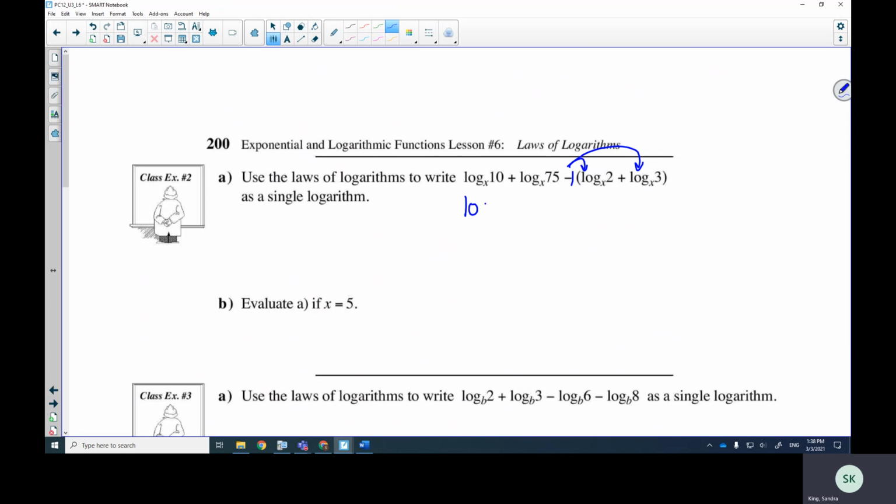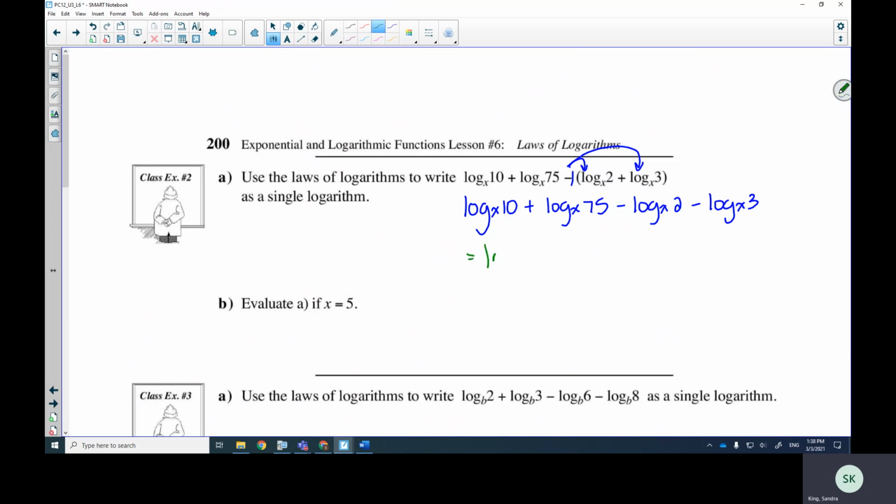So what we have, write the entire thing. Log base x of 10 plus log base x of 75 minus log base x of 2 minus log base x of 3. Now I've got no brackets. We're going to write this as a single log in one step.